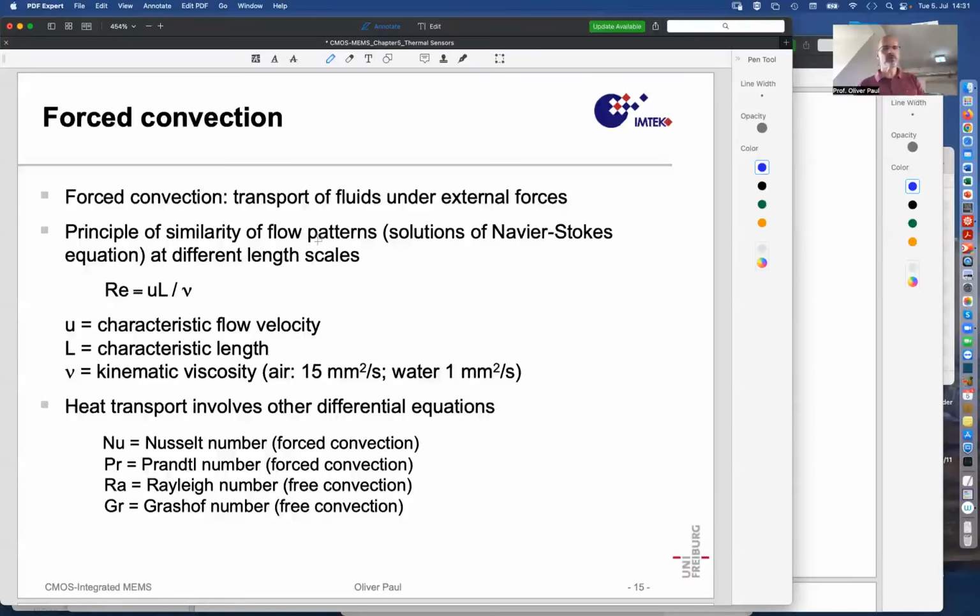So this forced convection, of course, is related to solutions of the Navier-Stokes equation. This is the transport equation for viscous fluids, air or water, through some structures or over some structures, the wind over the houses, or a fluid to be measured through a pipe.